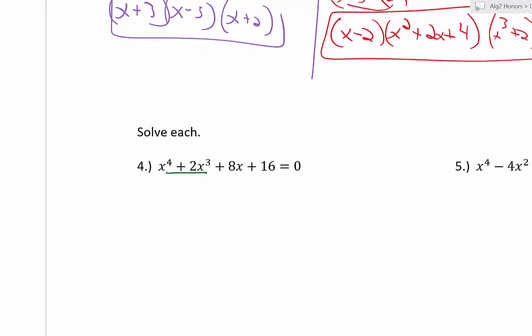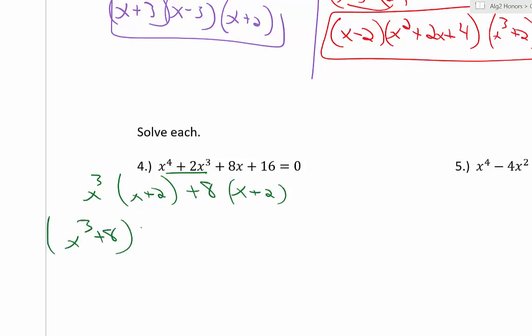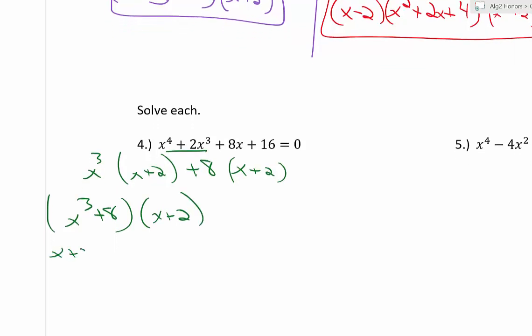Solving number 4, we're going to again look for a GCF, x cubed, and we'll have x plus 2 left over. I want x plus 2 again, so I'm going to take out 8. X cubed plus 8. This one should look familiar by now. So we have x plus 2 from our bases.